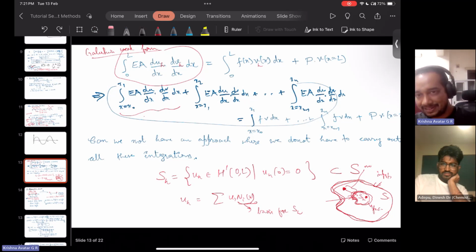But can we not have a template which will reduce these 1,000 integrals to just one integral, and using it we can construct all of them?